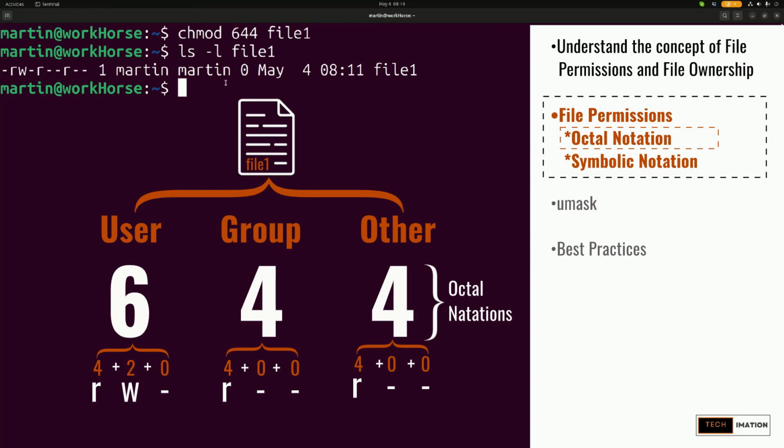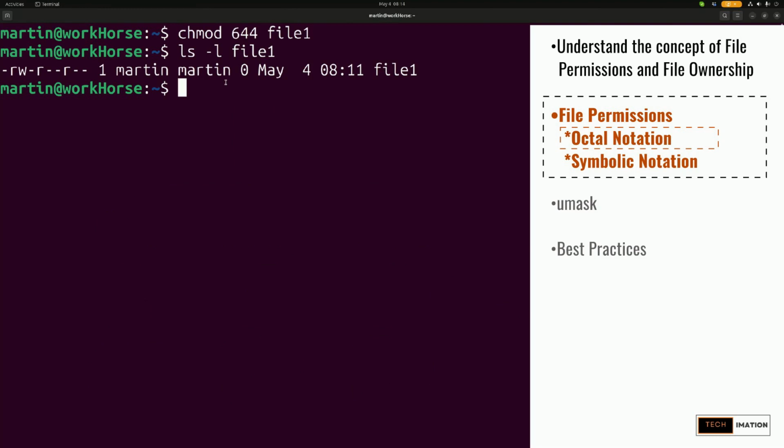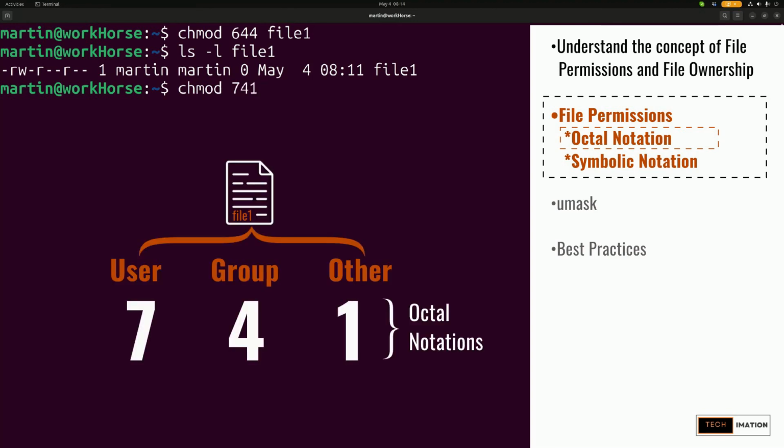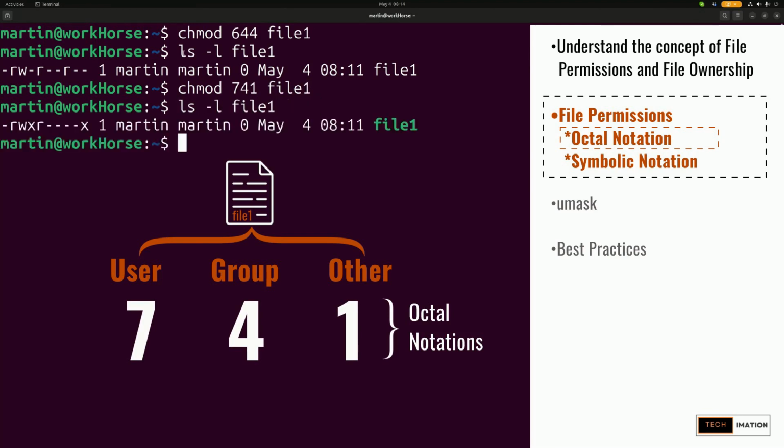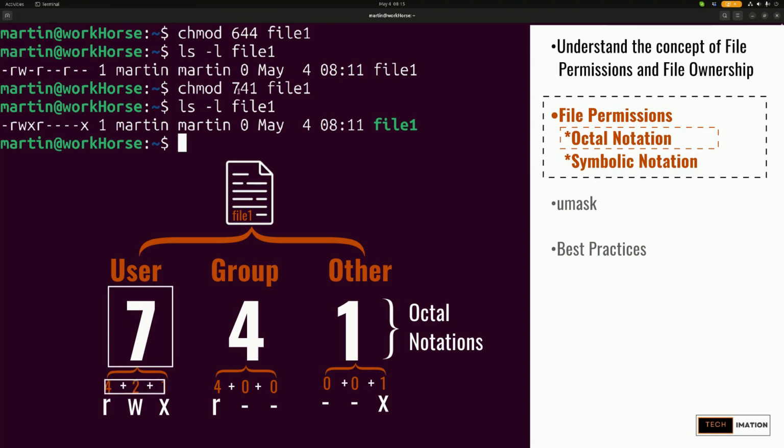Now, let me take another example where I change it to something different so we can see this in action again. chmod 741 on the same file, and I will long list the file, and let's see. 7 is 4 plus 2 plus 1, which is read, write, and execute.